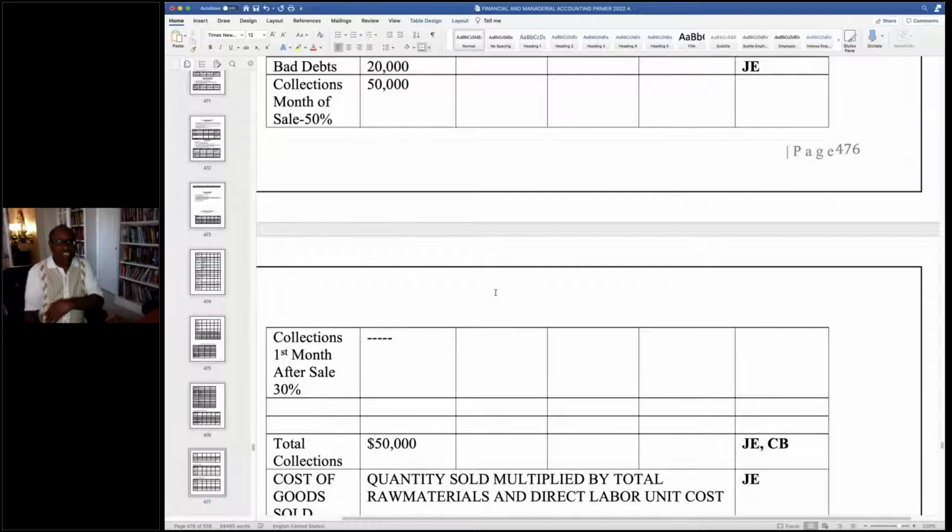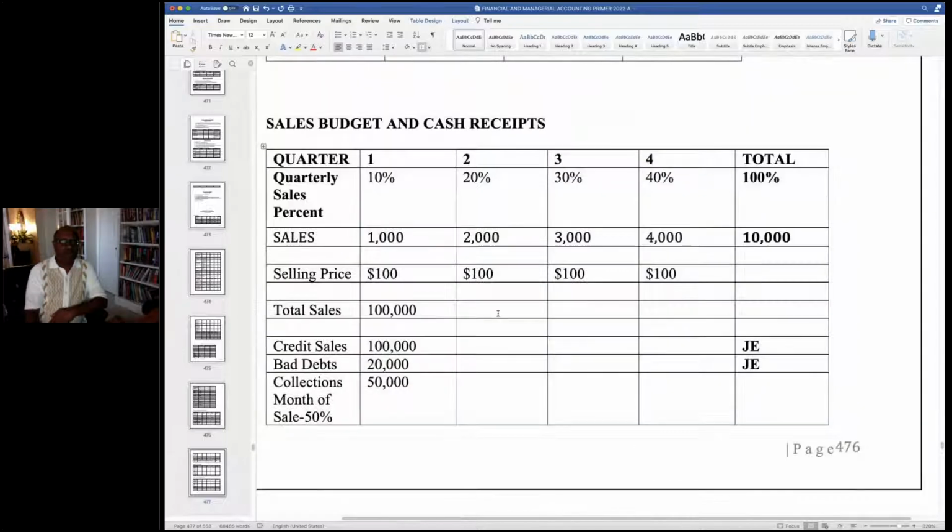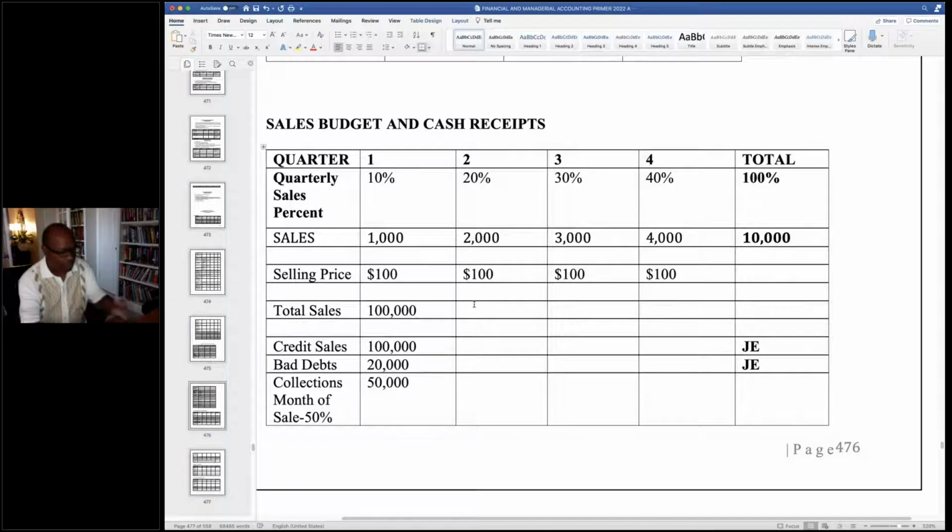Now let's see what happened in the second quarter. We sold how many? 2,000, right? So what's our sales dollar gonna be now? $200,000. And all of these sales are credit sales.